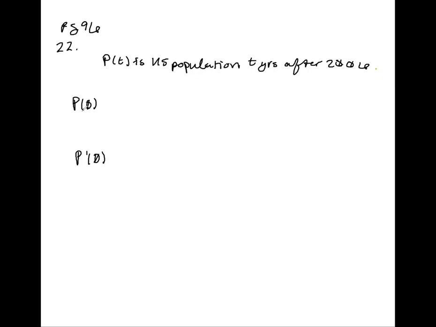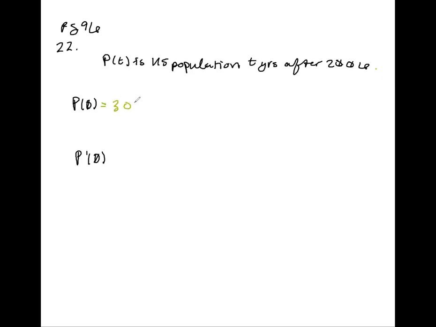You're saying that P of 0 is equal to 0? Why are you saying that? 300 million. Yes, 300 million.